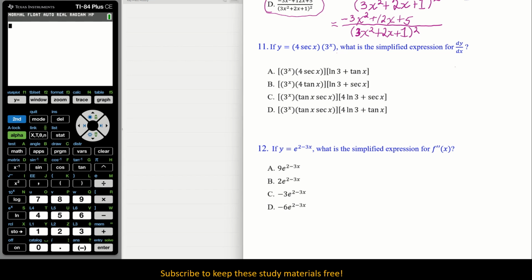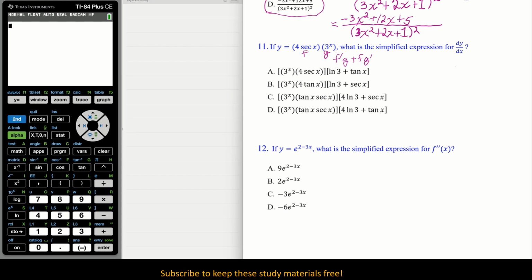So we need to see that this first one is F. Okay, now my pen works. This is my F and this is my G. And the rule that we're following is F prime times G plus F as is and the G prime.